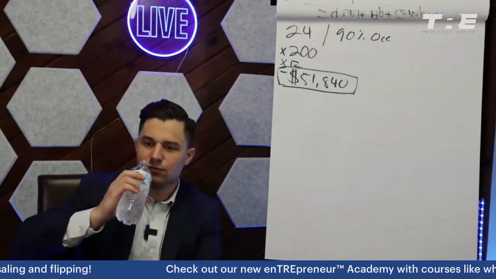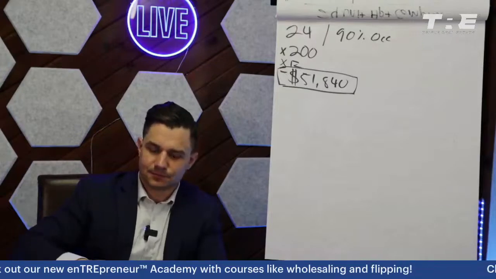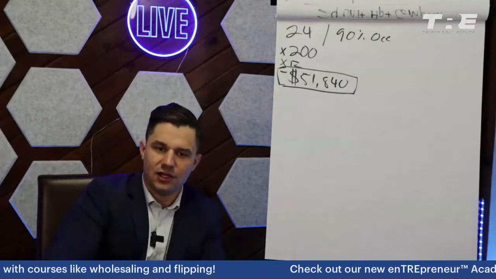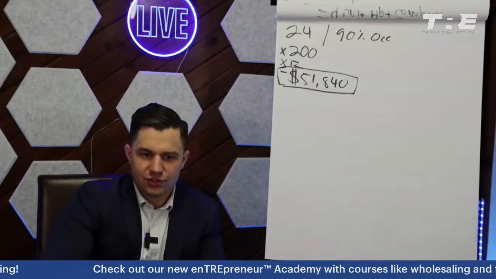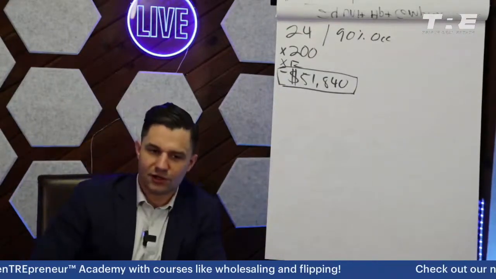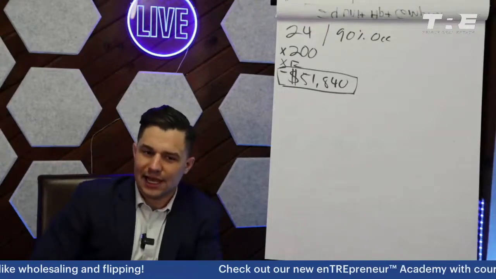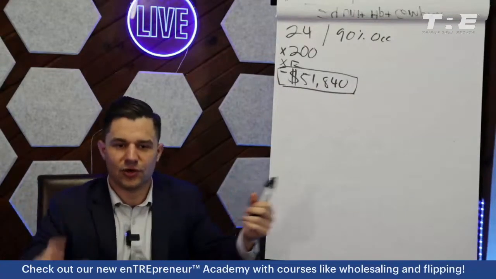So I want to show you something really cool. We raise each unit by $200. And if we wanted to go and sell this property in year 2, after we have brought in an extra $51,840 a year in net operating income, and even if we sold it at a 9 cap, I'm going to show you how much value we created here.